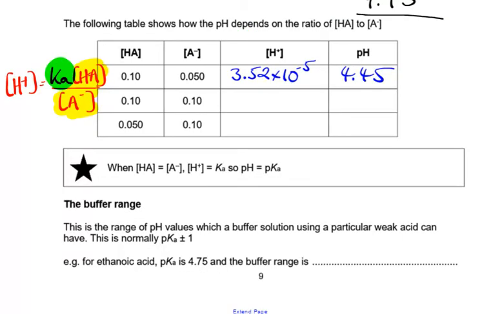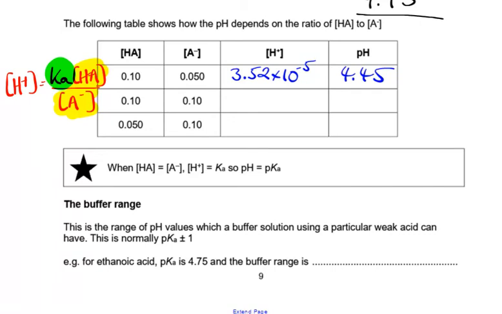This table illustrates what happens as we change the acid to salt ratio. In the first example, the acid concentration is twice that of the salt, so that's the one that we just did, where the hydrogen ion concentration is going to be twice Ka, and the pH came out to be 4.45.